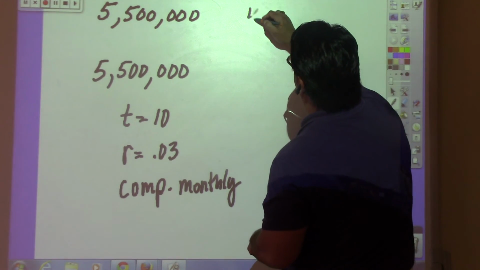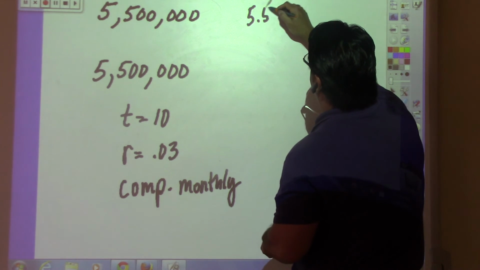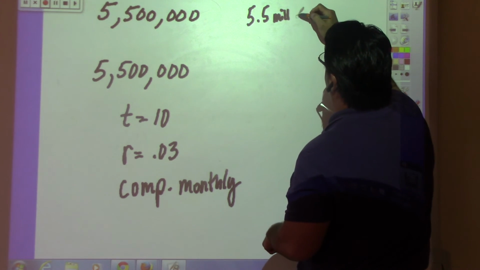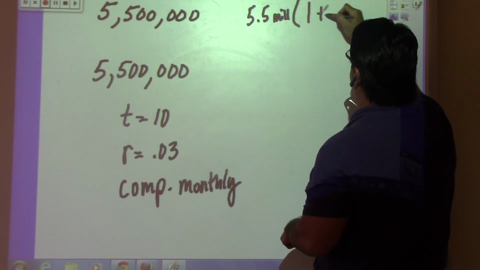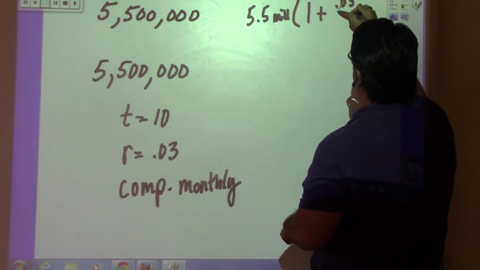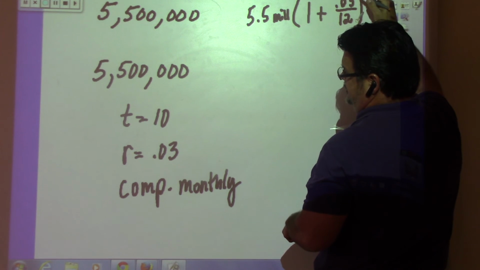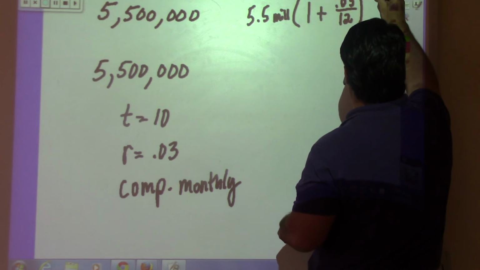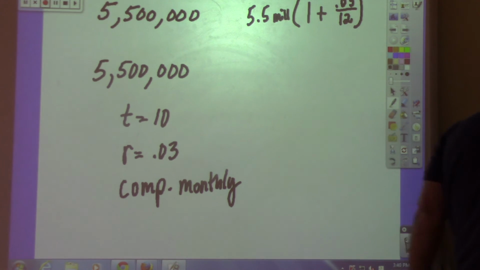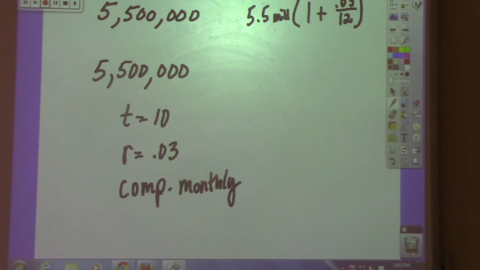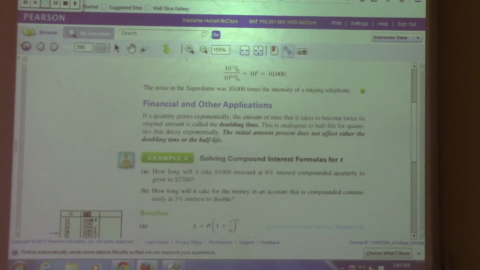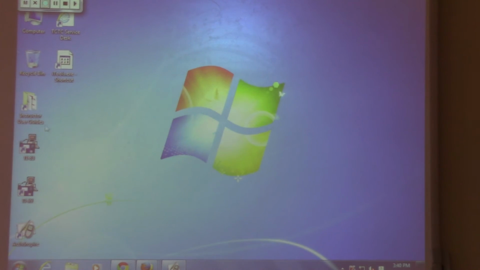So that's going to be 5.5 million times (1 plus 0.03 divided by 12), raised to the 12 times 10, which is 120. And then you take your handy dandy calculator. You can do this without even writing it down on paper.